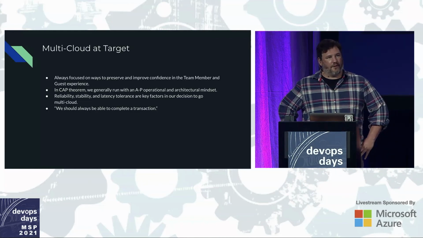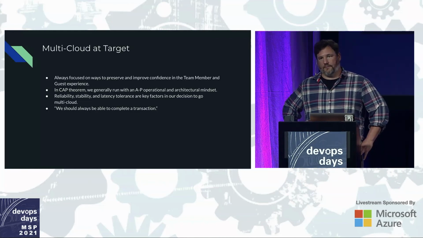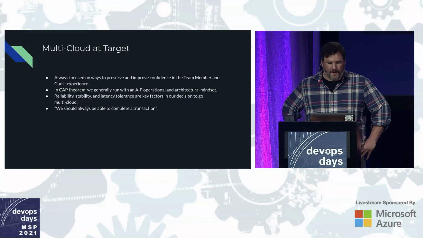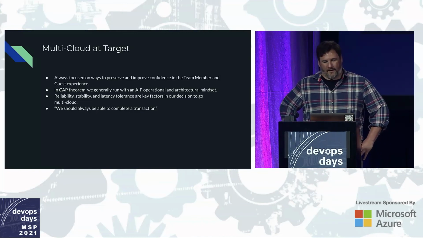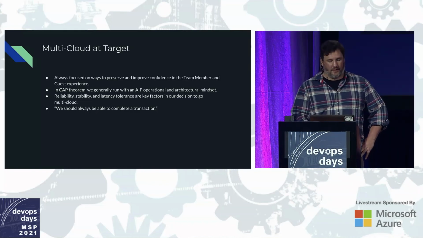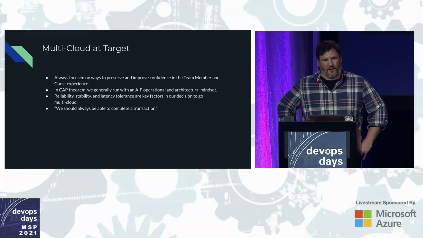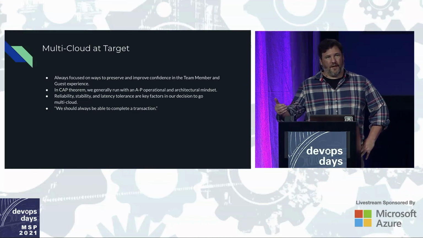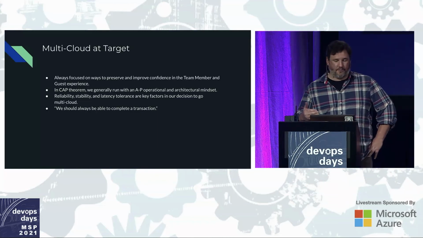We favor availability and partition tolerance over consistency at the end of the day. That means reliability of services is pretty much the most critical dimension in our thought process around multi-cloud. We want to make sure that any request coming to any of our services has a path through to completion.